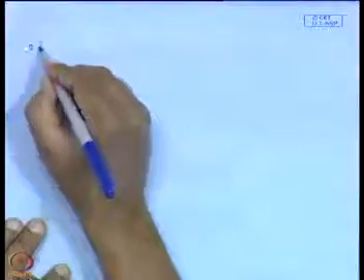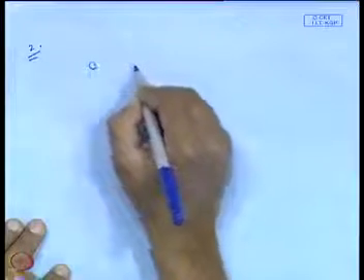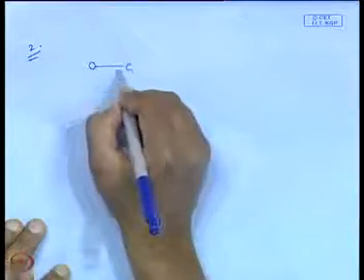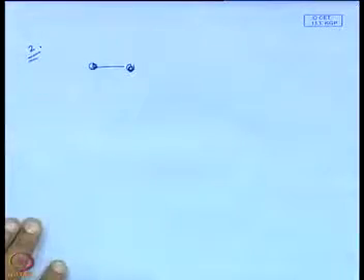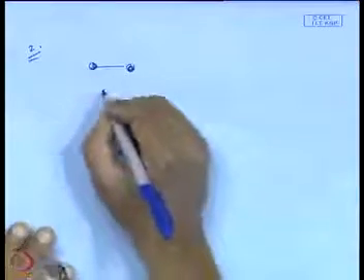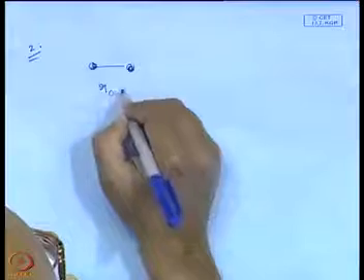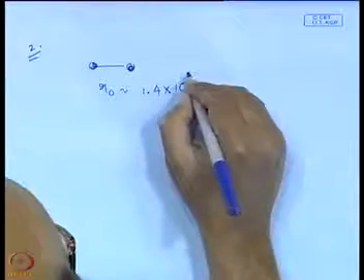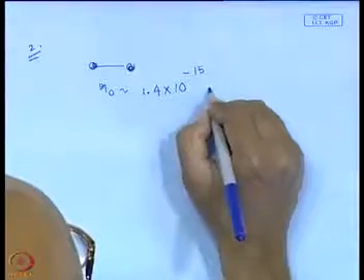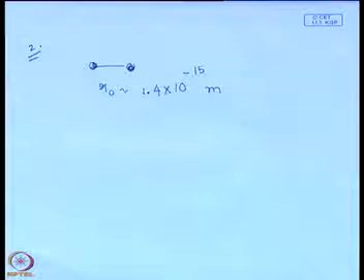So, we have two protons, and we know that at large scales there is the Coulomb repulsion between any two charged particles which have the same charge, and it is only if they can approach within a distance r naught of the order of 1.4 into 10 to the power minus 15 meters will the strong interaction come into play, and they will then be able to merge and form a deuteron.